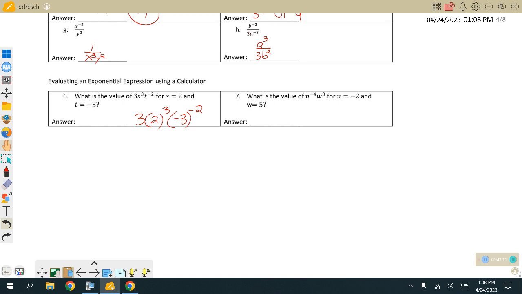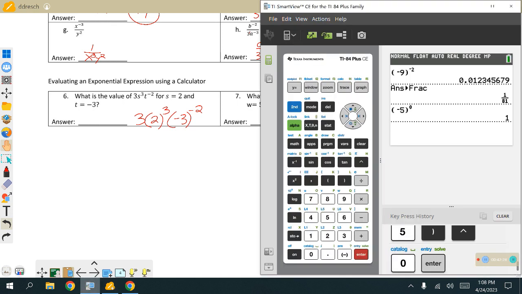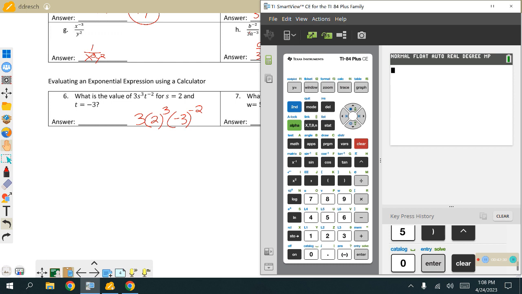Go to your calculator. Whatever I have on my paper there, type it in Desmos. Type it into your graphing calculator. That's why we've been doing a lot of graphing calculator and Desmos practice. Can you correctly type that in? I'm going to do the same thing, and I'll do it for both models. All right, 3, parentheses, 2, close that parenthesis, to the third power.